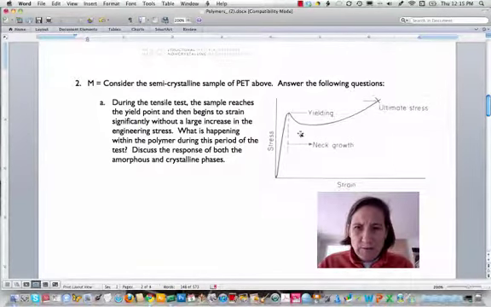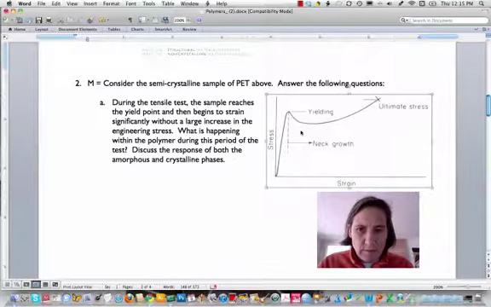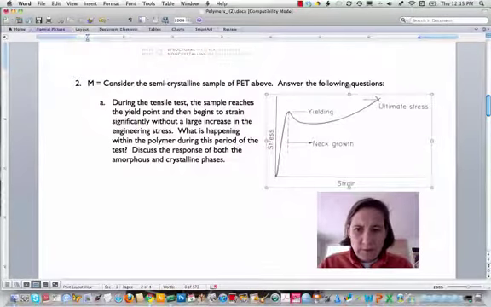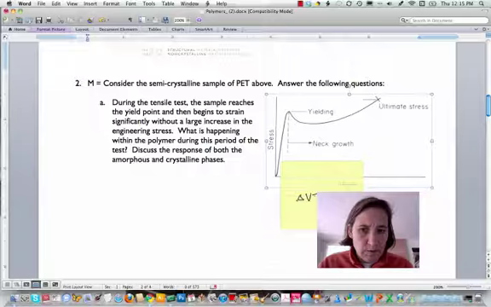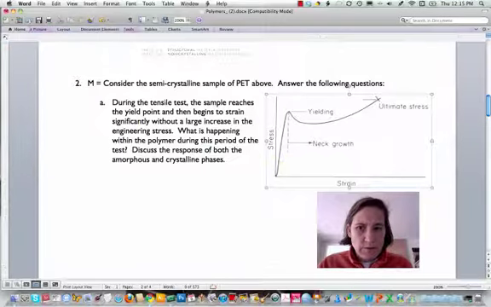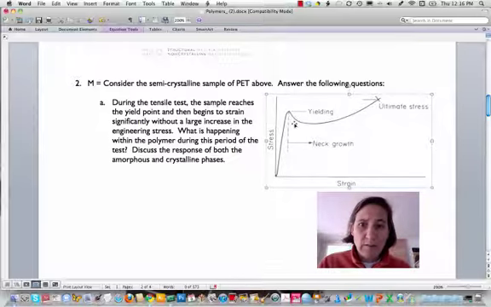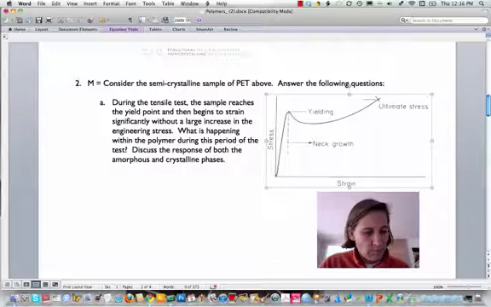So the critical question is, what's happening inside the material after the yielding? And it's important to remember that during this period, delta V equals 0. So there is no volume change. As you see the material changing shape, what's happening at the molecular level is that the molecules are somehow reorganizing in order to accommodate the changes in shape without changes in volume.